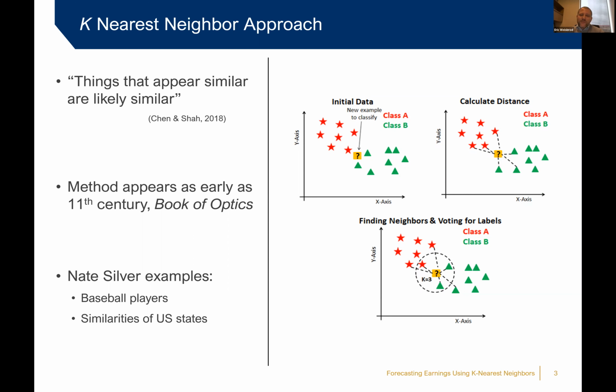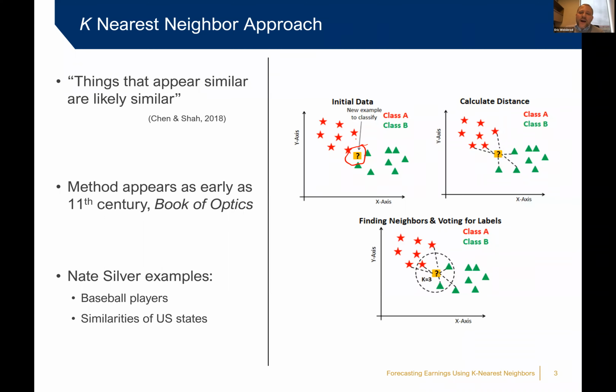I have a very simple example of just what nearest neighbors is. I imagine a lot of you are familiar with this, but just to make sure, let's say you have a data point that you're trying to predict here, this question mark, and you can use nearest neighbors for either classification or regression. In this simple example, we're doing it for classification. You want to try to figure out if this new data point is going to be a star or a triangle.